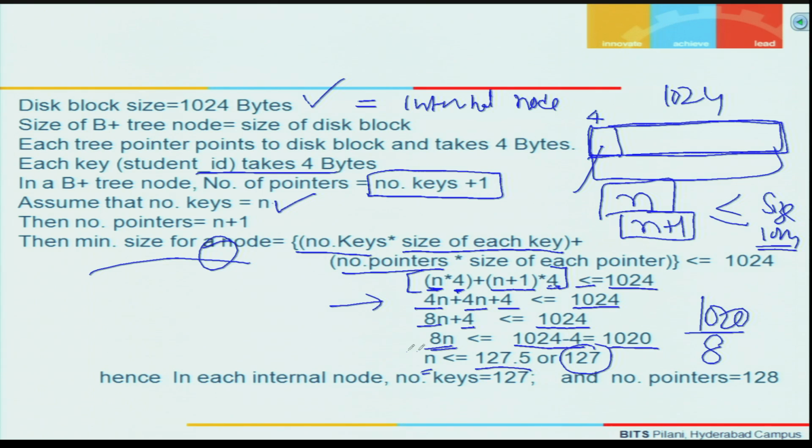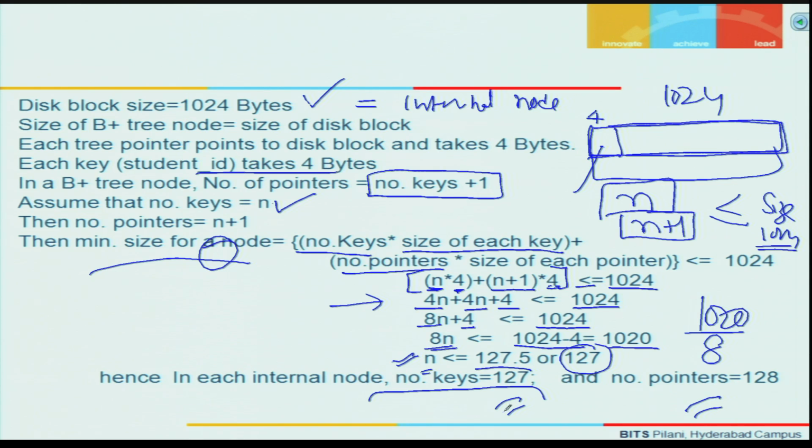That is the value of n, the number of keys that can be accommodated in an internal node, equal to 127. When I have 127 keys, there will be 128 pointers, one more than the number of keys, which point to the next level child nodes in the B plus tree.